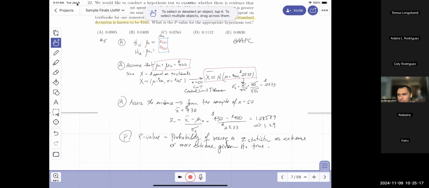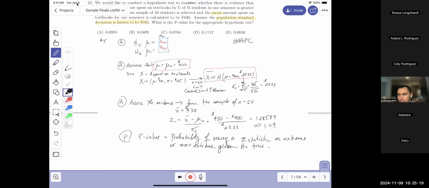It means that you're going to look back to the alternative hypothesis to talk about extreme. I'm going to check what's the chance of seeing a value 1.29 or higher.